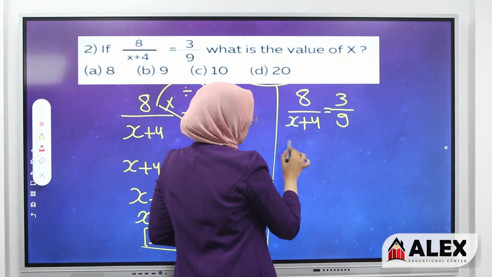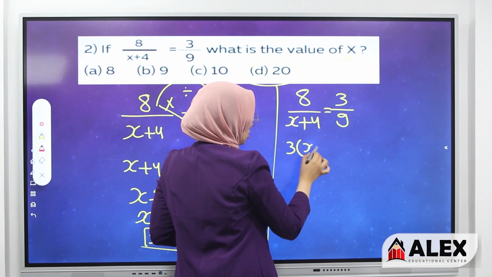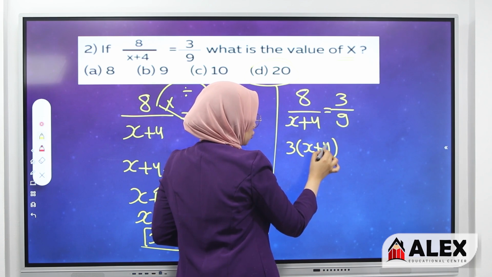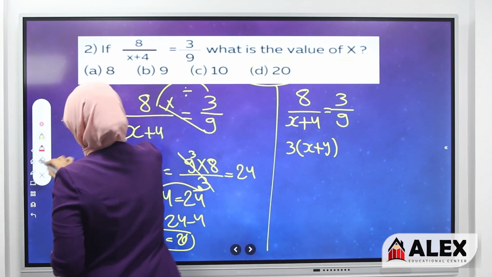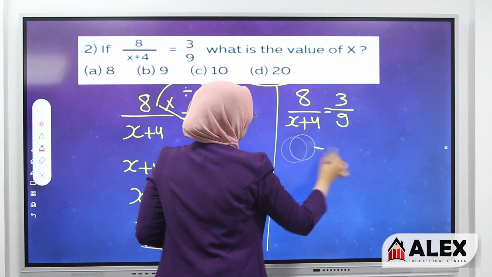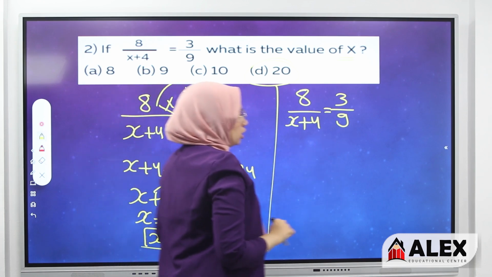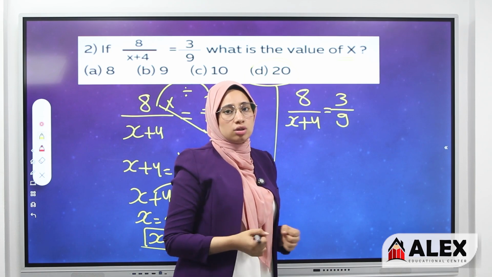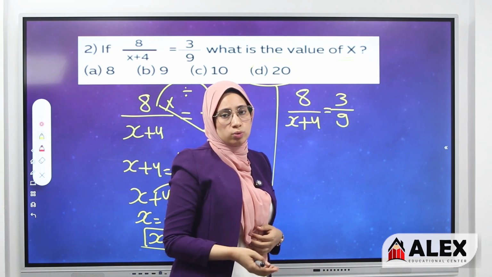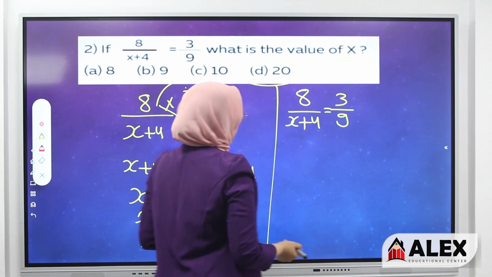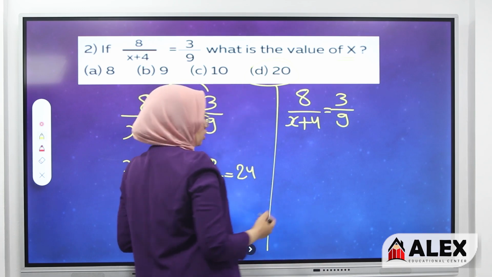That means 3 times x plus 4, in this proportion or any proportion, the product of the means equals the product of the extremes.